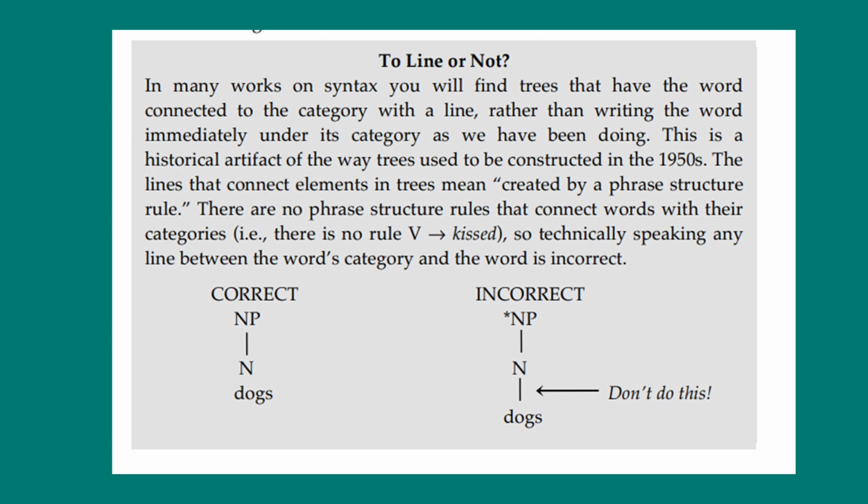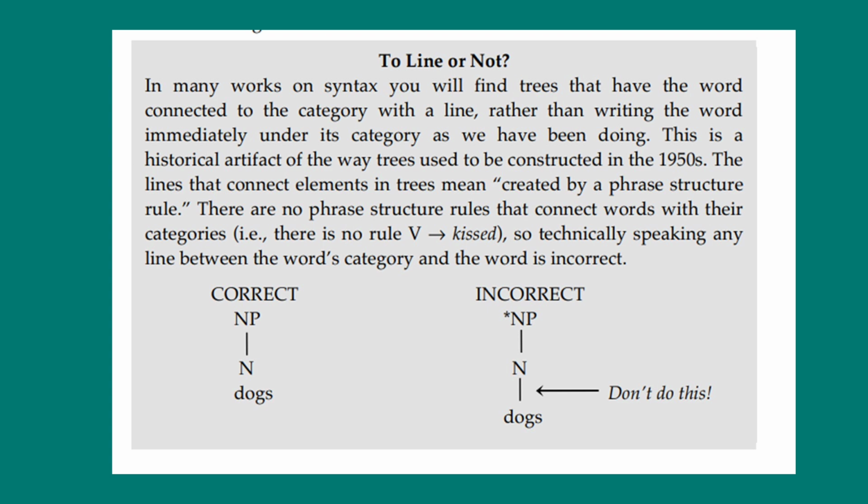To line or not. In many works on syntax, you'll find trees that have the word connected to the category with a line, rather than writing the word immediately under its category as we have been doing. This is a historical artifact of the way trees used to be constructed in the 1950s. The lines that connect elements in trees are created by a phrase structure rule.